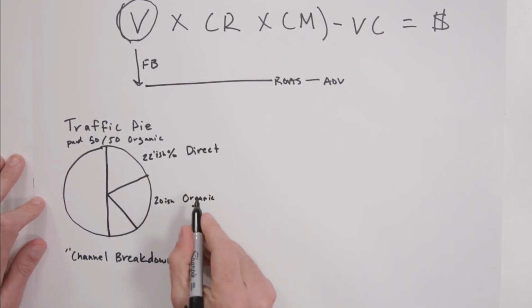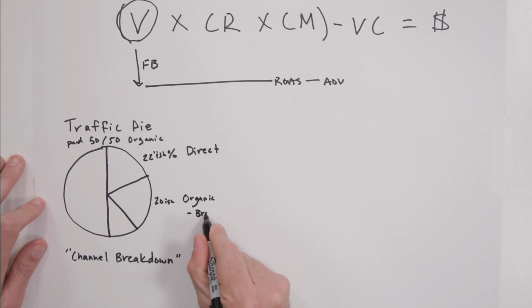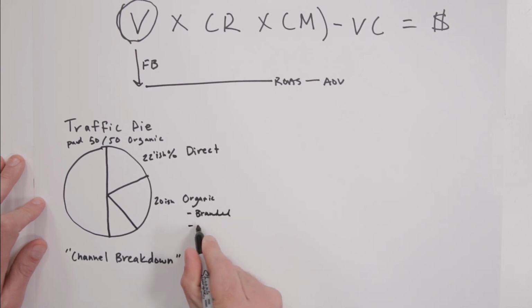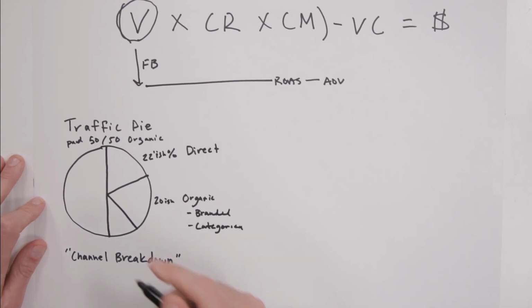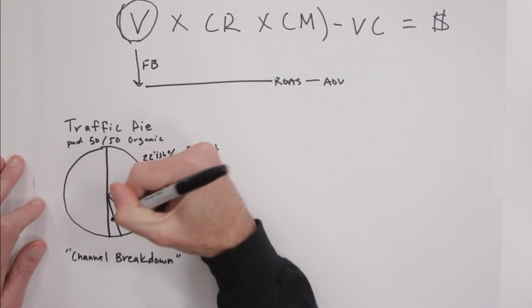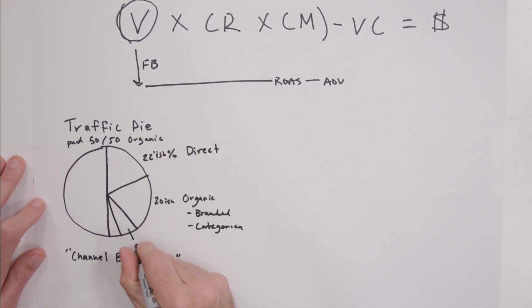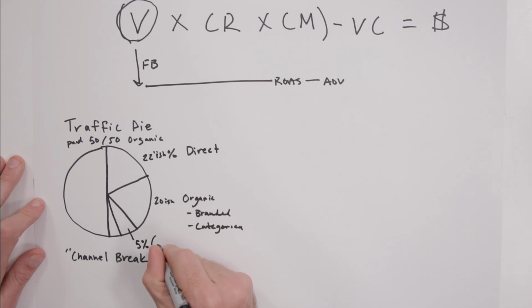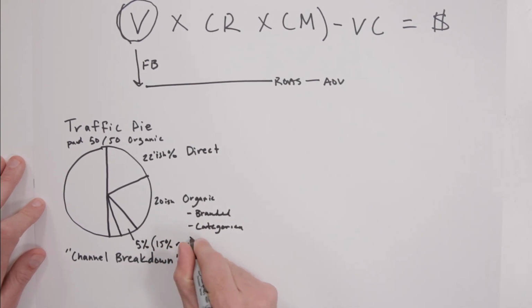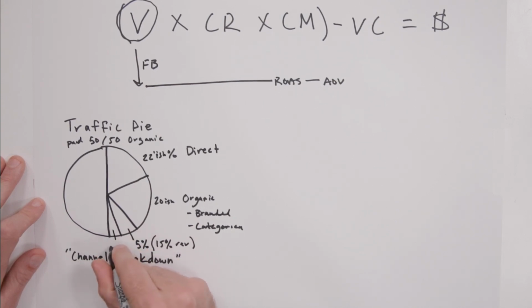Of course, organic search is going to include branded and categorical search terms. And the other percentages here are going to be a makeup of email, somewhere around 5% of your traffic. What's important about email is it's going to be 5% of your traffic, but ideally 15% of your revenue. And then the other 5% will be from what we would call referral.